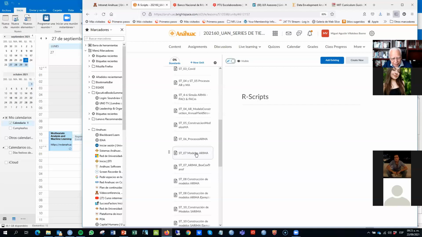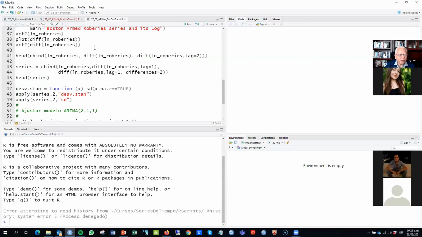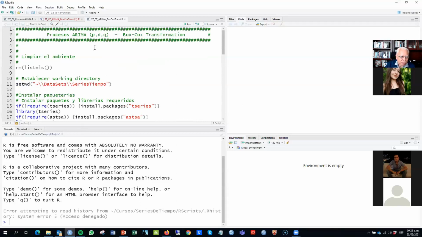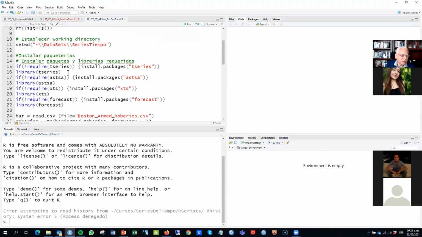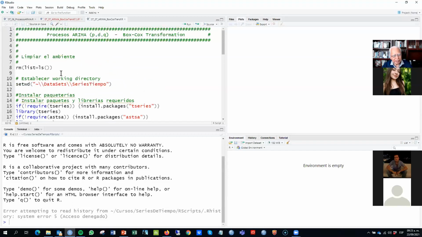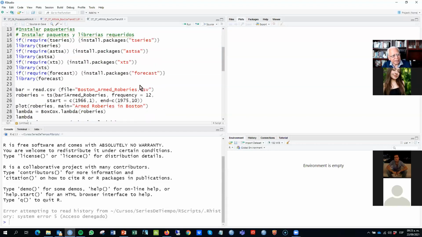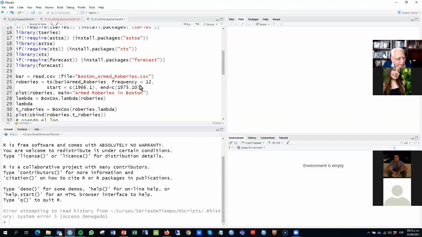Just download that script number 7 to your computers, and we'll use the data. You must already have the data set of Boston armed robberies in your labs or on your desktops, because we already used this series. Just install the packages and run over to line 27, where we plot the data.